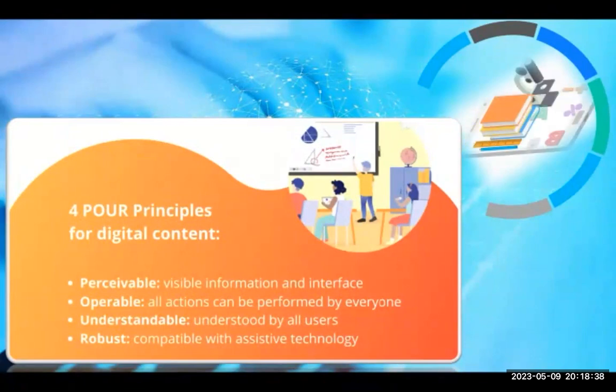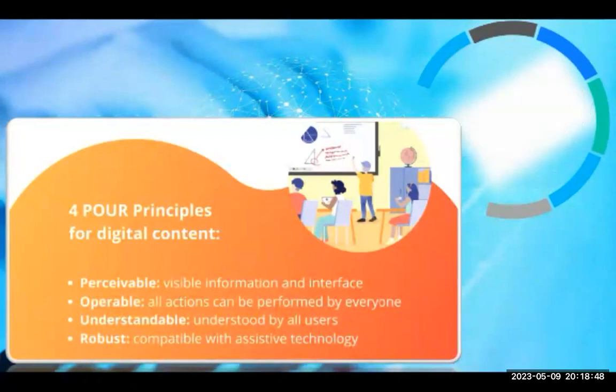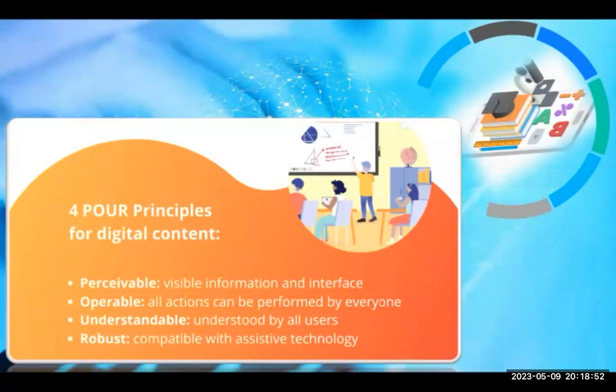Digital accessibility is not only good for consumers of digital media, but also for the creators of content, podcasts, and services, and all these principles are related to the creator as well as the consumer.